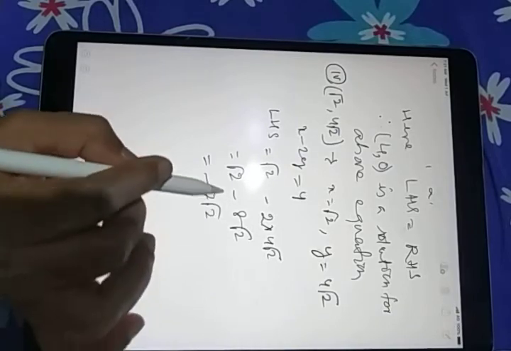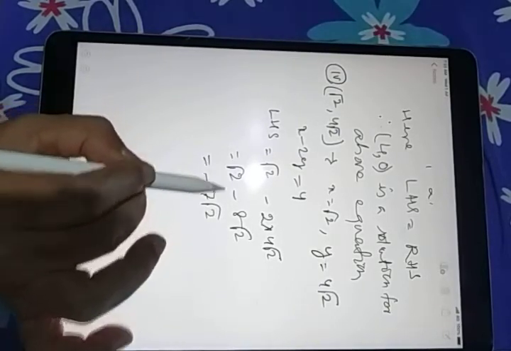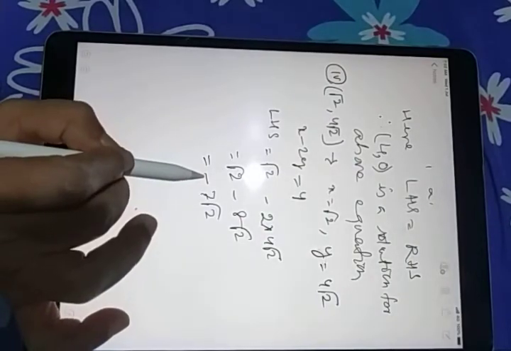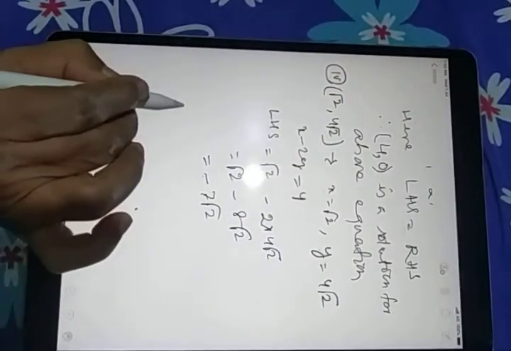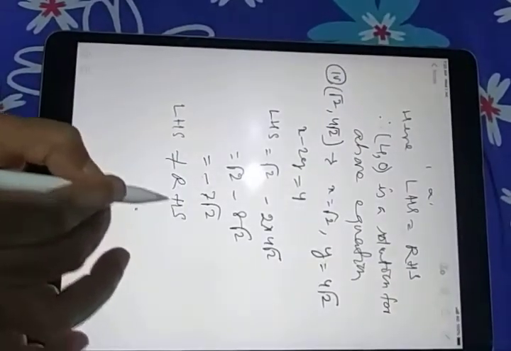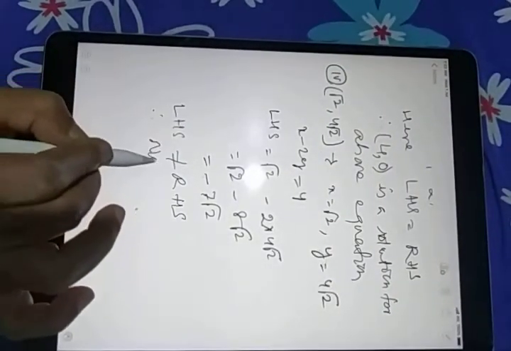Like 1 apple minus 8 apples will be minus 7 apples. So this will be minus 7 root 2. LHS is not equal to RHS. So not a solution.